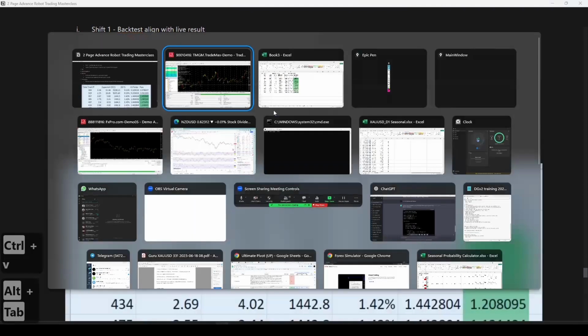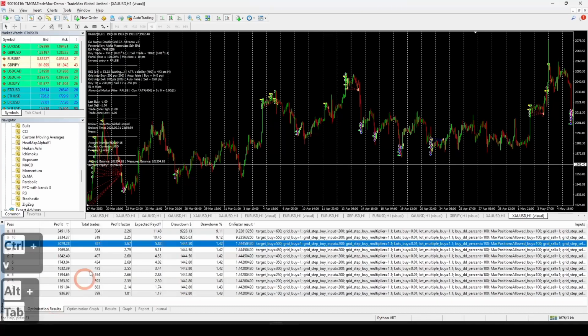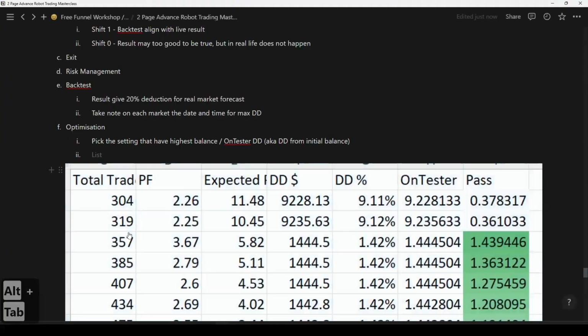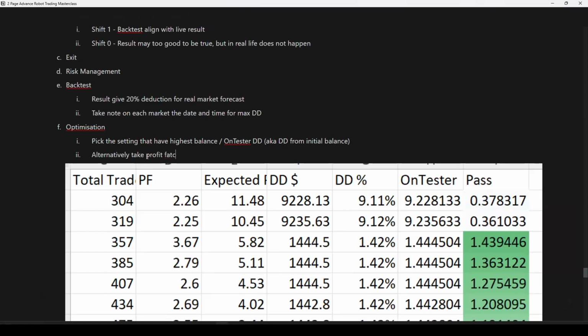One of the quick tips is to look into profit factor. Profit factor is also a measurement of profit over the drawdown. So alternatively, take profit factor, that one will be profit.